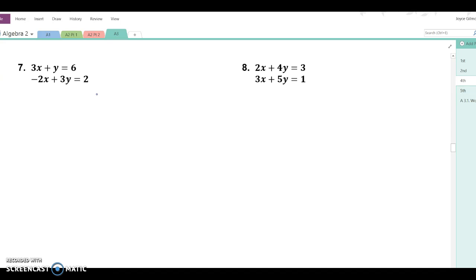So before you add them together, you first need to make a plan for how I am going to get one of my variables to eliminate. I noticed that I've got 3y here, and I've got just a plain y on the top. So, is there a way that we could turn this one into a -3y?